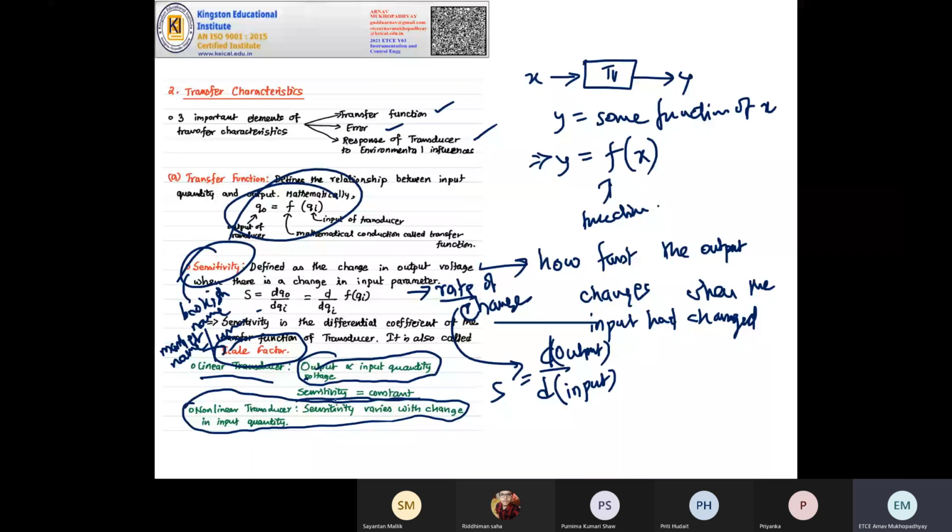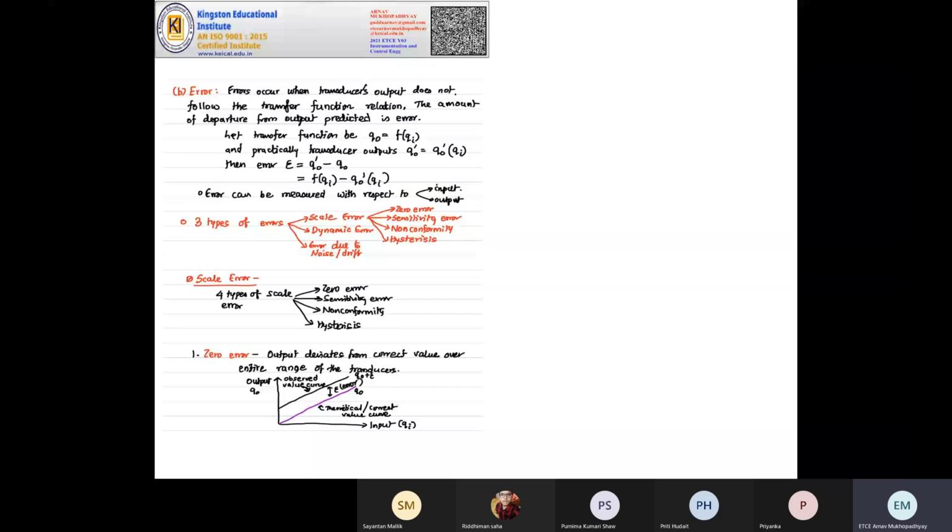Next come errors. Errors means how much will the measured value deviate from theoretical value. So generally, the measured value is the one which you can see, and theoretical value is the one which you can calculate from transfer function.